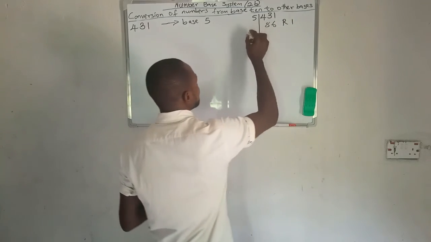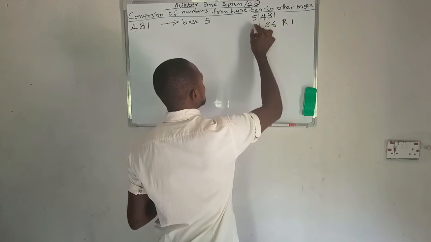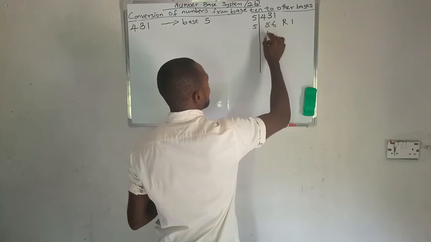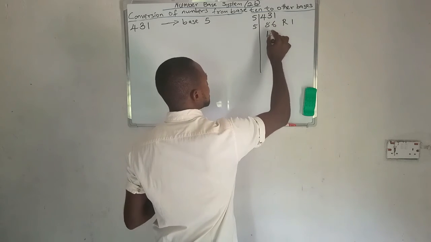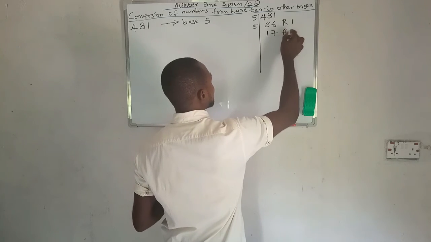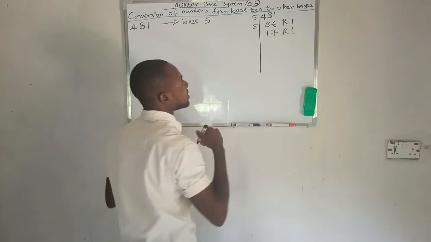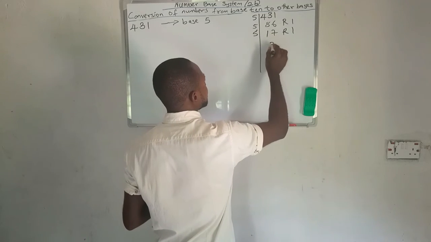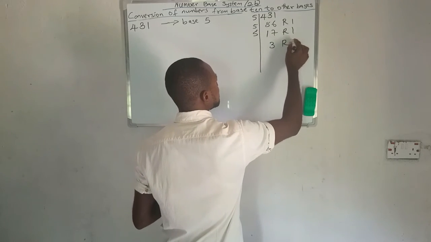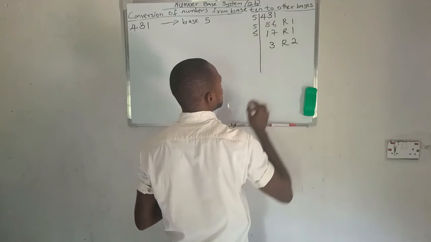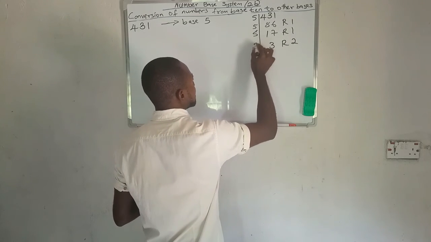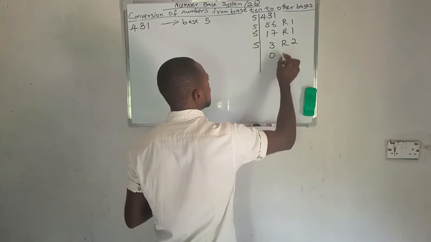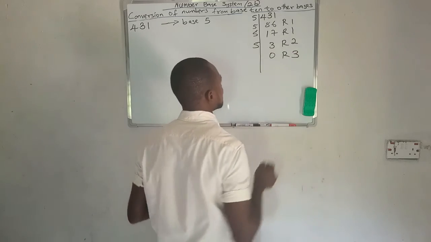And 86 divided by 5 will be 17, remainder 1. And 17 divided by 5 will be 3, remainder 2. And 3 divided by 5 will be 0, remainder 3.